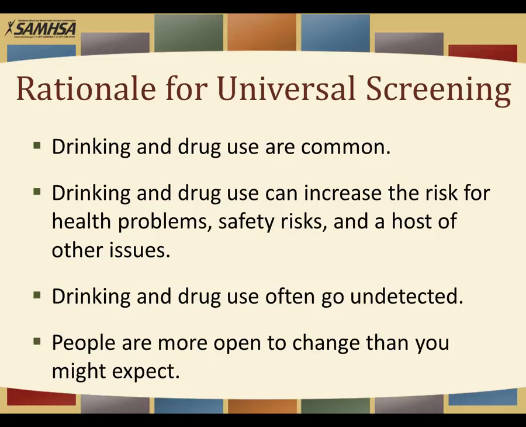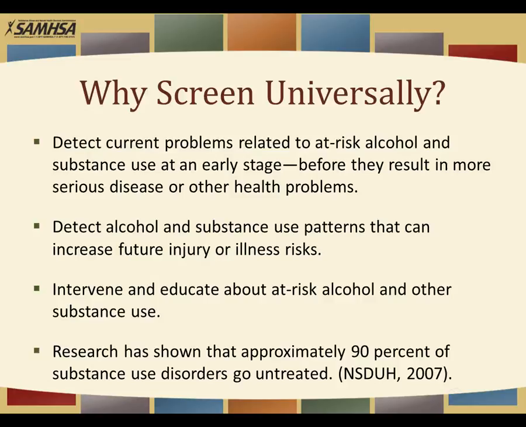The rationale for universally screening is that drinking and drug use are common. They can increase the risk for health problems, psychosocial problems, lots of different issues. The use often goes undetected, and people are actually more open to change than you might expect. We screen universally so that we can detect current problems at an early stage before they result in more serious disease or other problems.